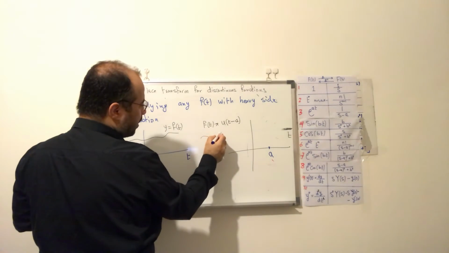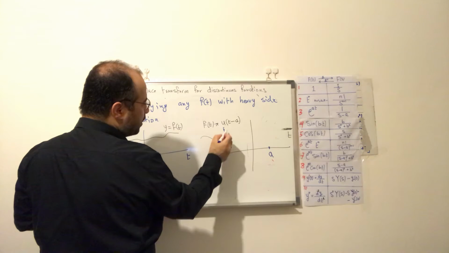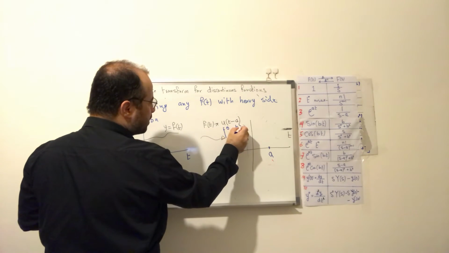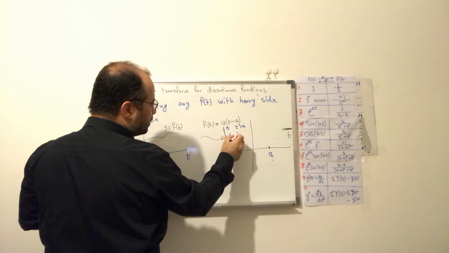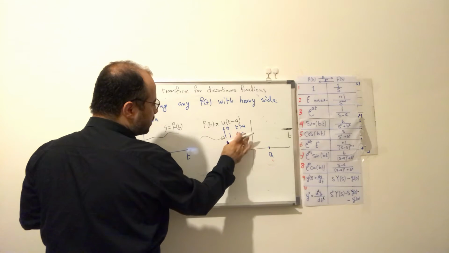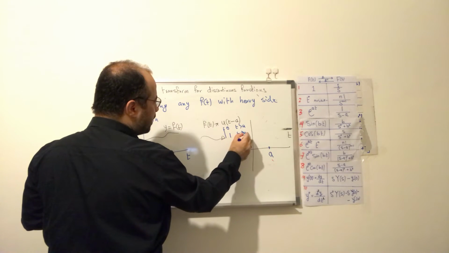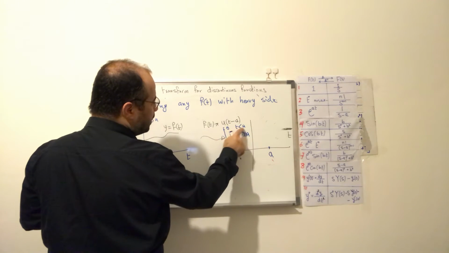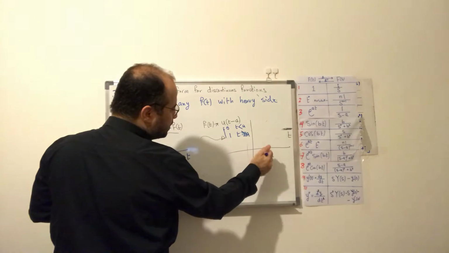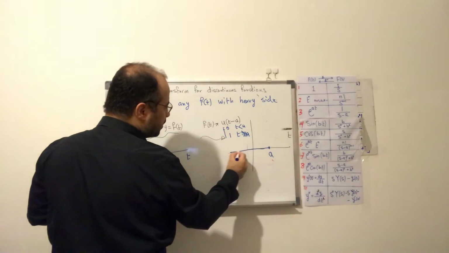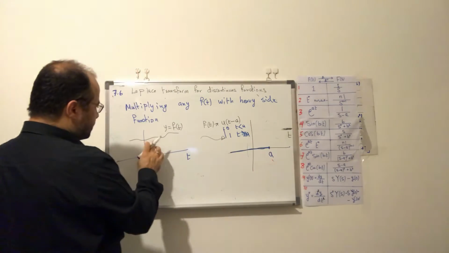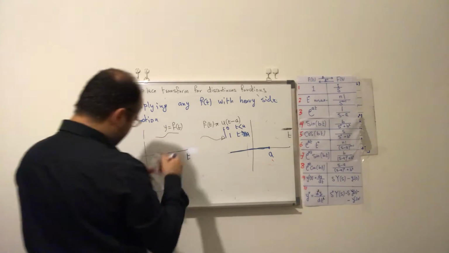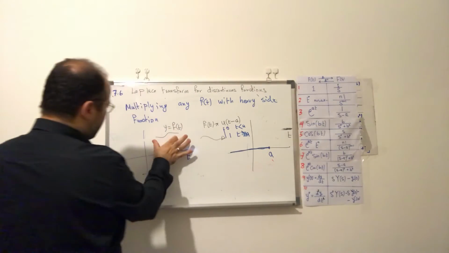So you multiply with 0 and 1. When t is bigger than a, and here when t is less than a, sorry, the other way around. When t is less than a, you multiply with 0, then you get 0. So you take that part up to here and you get only that part.